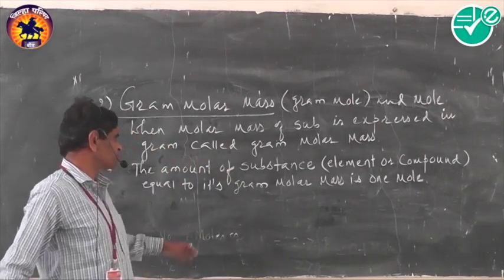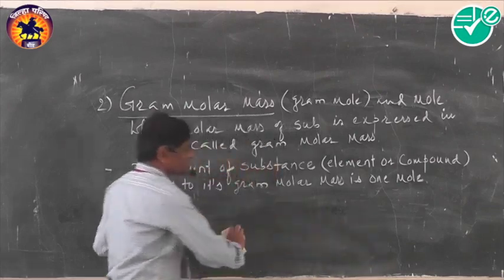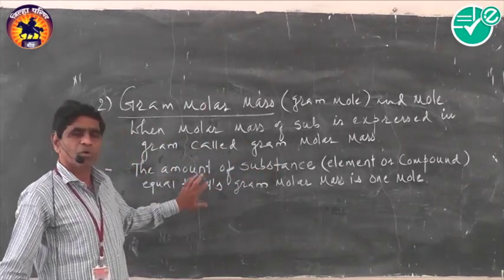Or in other words, the amount of substance in gram equal to its molar mass is considered as 1 mole.